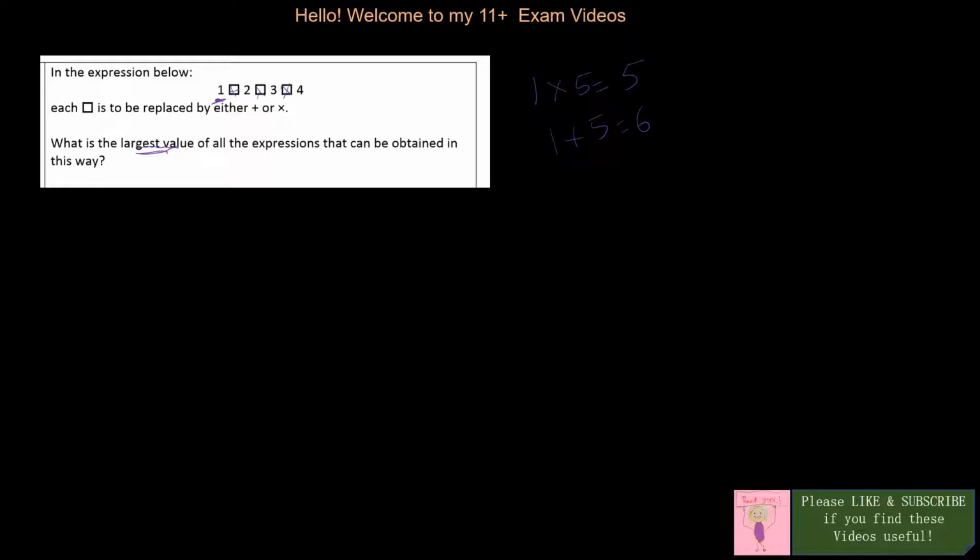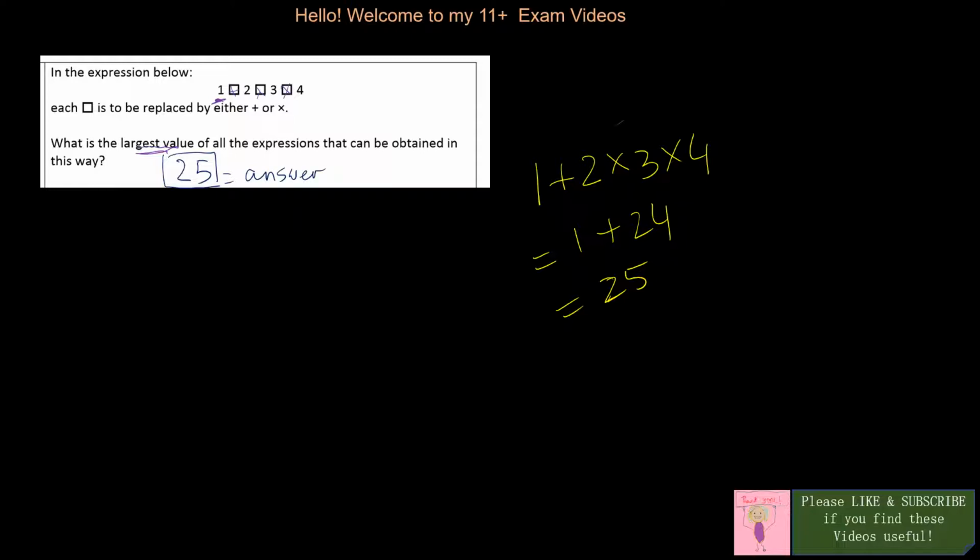Because if you add 2 plus 3 plus 4, you get 5, plus 4 is 9, plus 1 is 10, or 9 times 1 is 9, 9 plus 1 is 10. That's why I gave you this example: if you multiply a number with 1, you get the number itself, but if you add 1 to that number, you get 1 more. That is just for understanding.